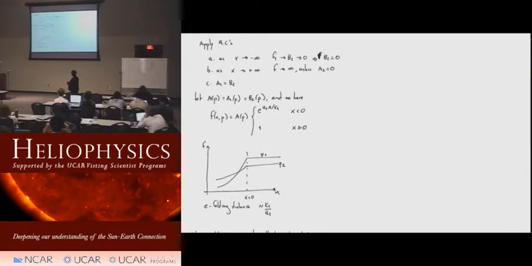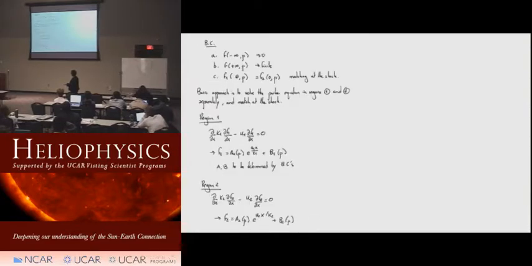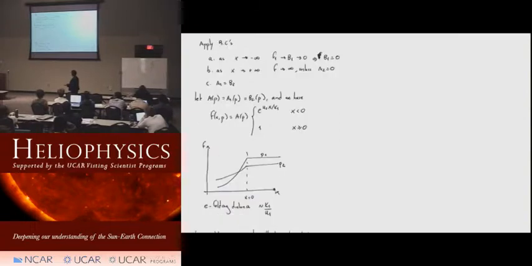So now I'm going to apply the boundary conditions. As I go far away upstream from the shock, the distribution function should go to 0. And if you take this equation and take x to minus infinity, you find out that B1 should go to 0. So B1 goes to 0. Okay?